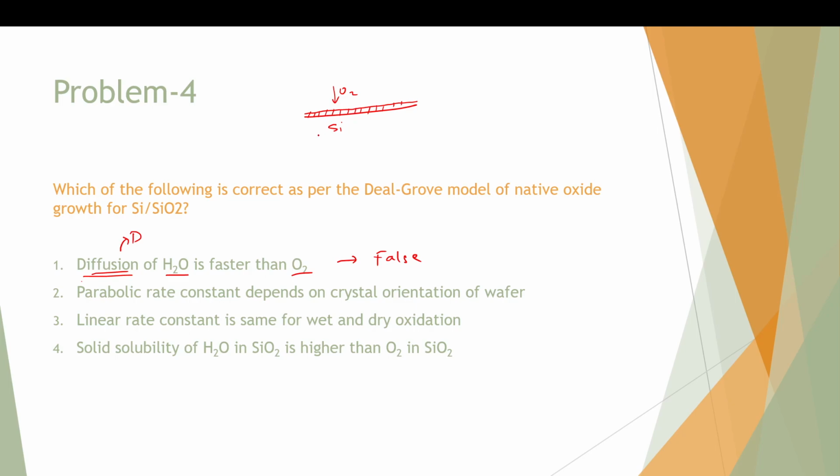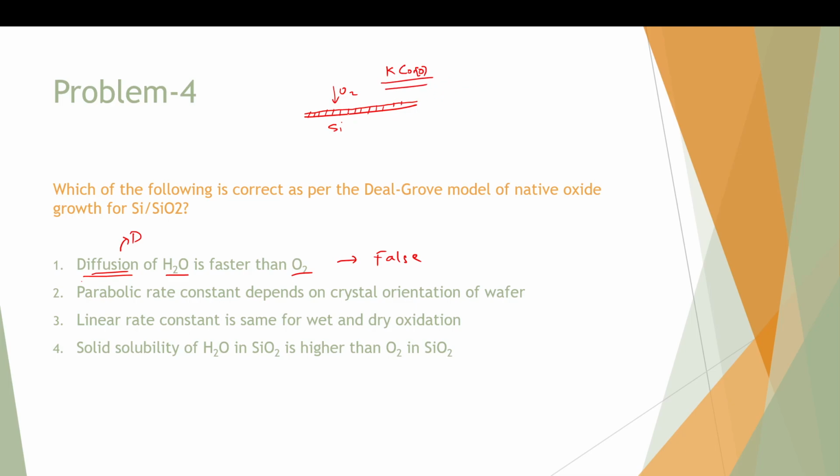And this regime is basically the linear rate constant regime. So it will just be some k, the linear rate constant, times the number of oxygen species at the interface, say concentration of O. Okay, so this is the linear regime.